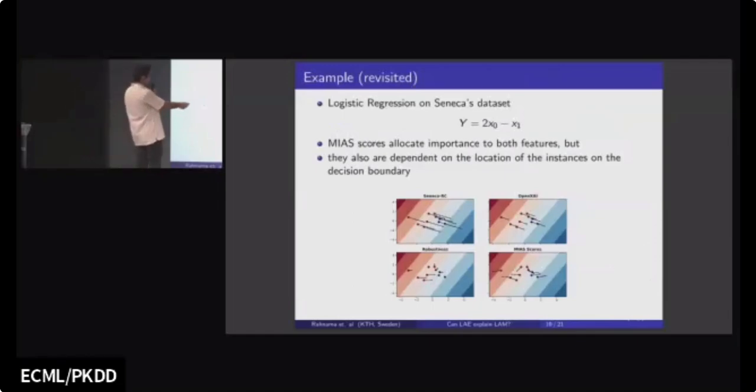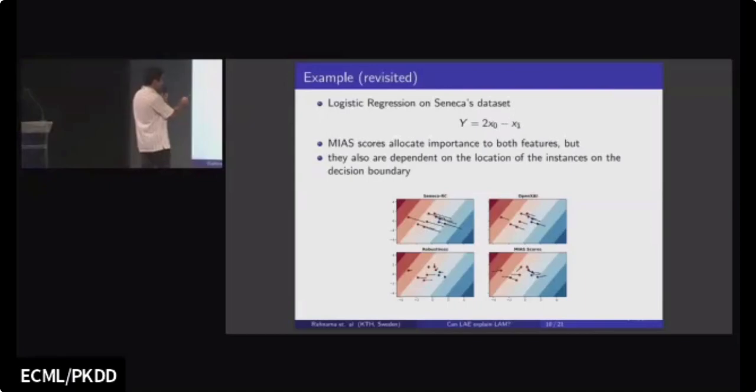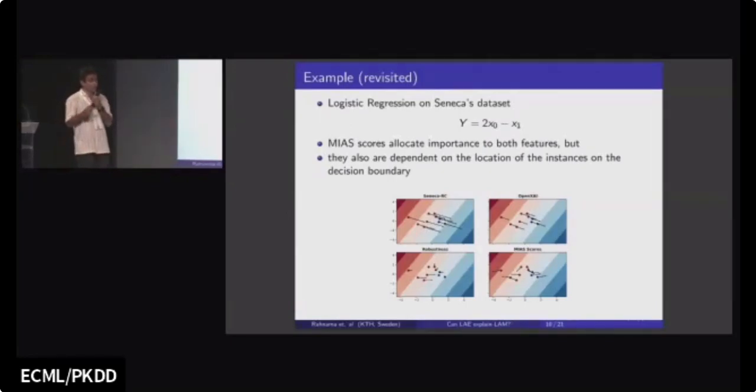So these are the MEOS scores now. You can see that they're different because they come from the model. This is a logistic regression again, same data set. They're different depending on where the instance is in the decision boundary of the logistic regression. Pay attention on the decision boundary where the colors are not that strong. They're very confused, which is great because that's exactly where the model is very uncertain and there are a lot of problems in the model.